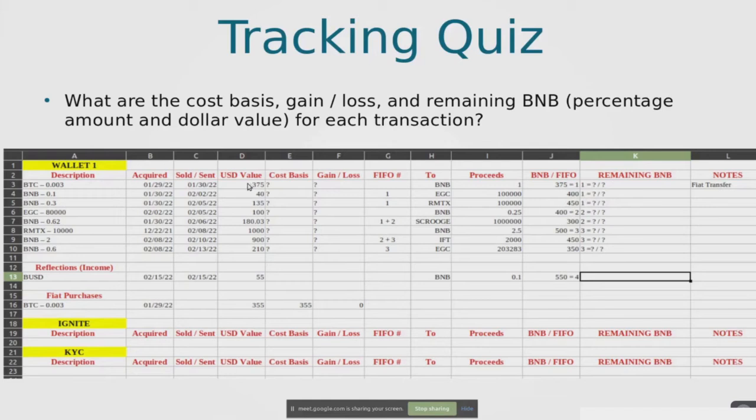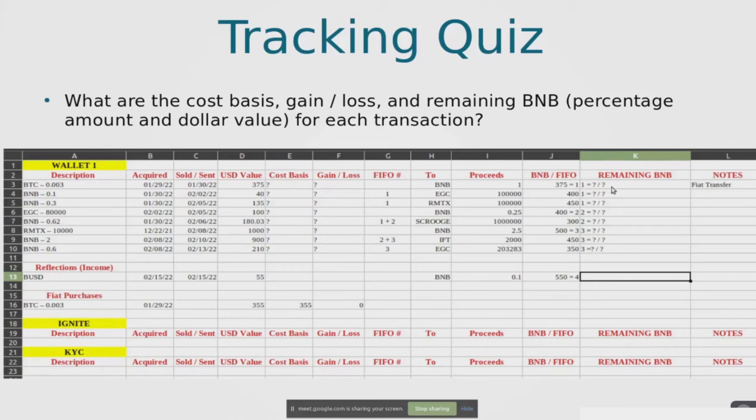For this transaction, we got a $375 value and a $355 cost basis. That's a $20 gain. Because I'm changing this to BNB, I'm assigning number 1 here. Under remaining BNB I would put 1, because I have 1 BNB remaining, and its value is $375.